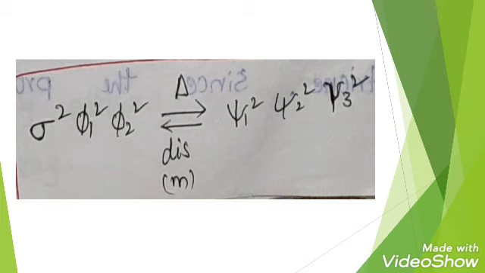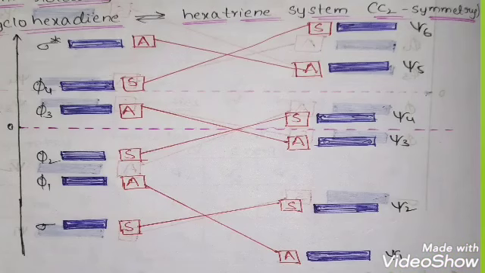This is the correlation diagram for disrotatory interconversion of cyclohexadiene and hexatriene system.